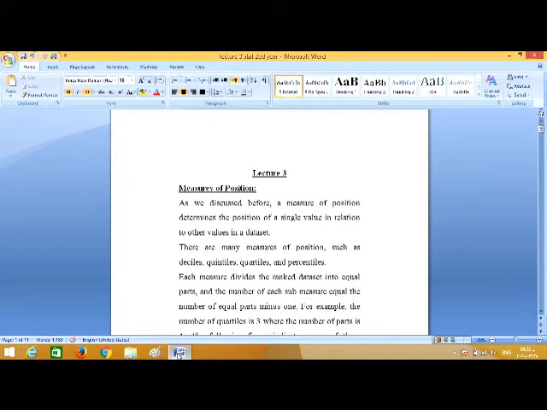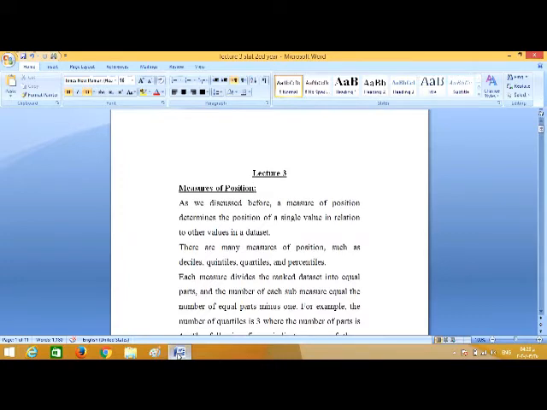There are many measures of position, such as quartiles, quintiles, deciles, and percentiles. Each of these measures divides the ranked data set into equal parts, and the number of each sub-measure equals the number of equal parts minus 1.